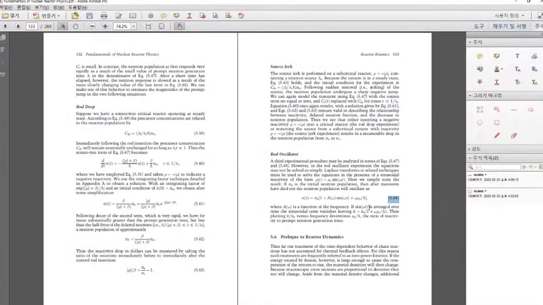If sine omega t is averaged over time, then the sine term will disappear, and the average over one cycle will be given by this equation.